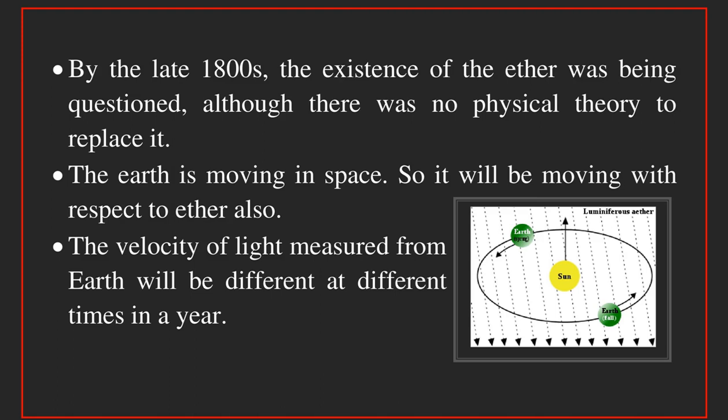But we can see that the earth is moving in space, so it will also be moving with respect to ether. So the velocity of light measured from earth will be different at different times in a year, because the earth is moving almost in a circular orbit. So sometimes it may be moving parallel to the velocity of light.